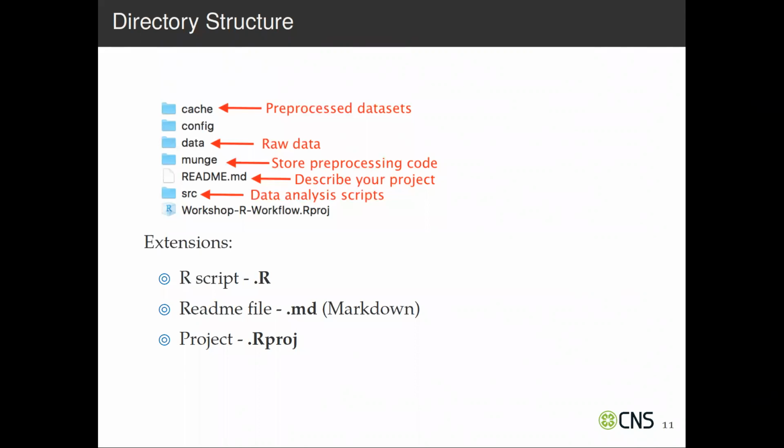And then if you have files that resulted from preprocessing code, you put them in the cache folder. Then obviously you have README. And if you've done GitHub before, you know this is important. That's where you describe your project. And finally, you have scripts for data analysis and src. In that way, you're all organized. You don't have to worry about where the files are.